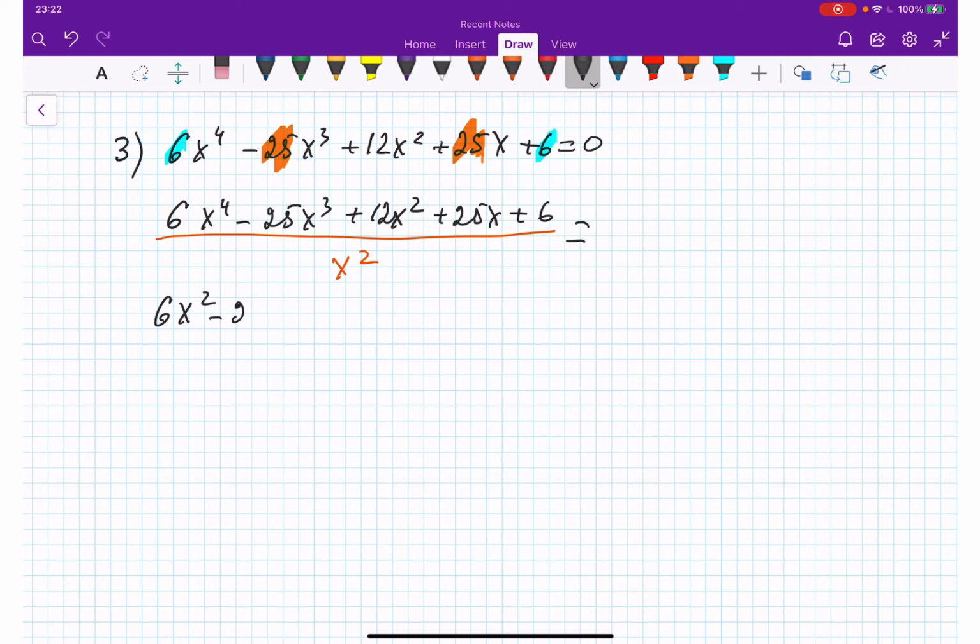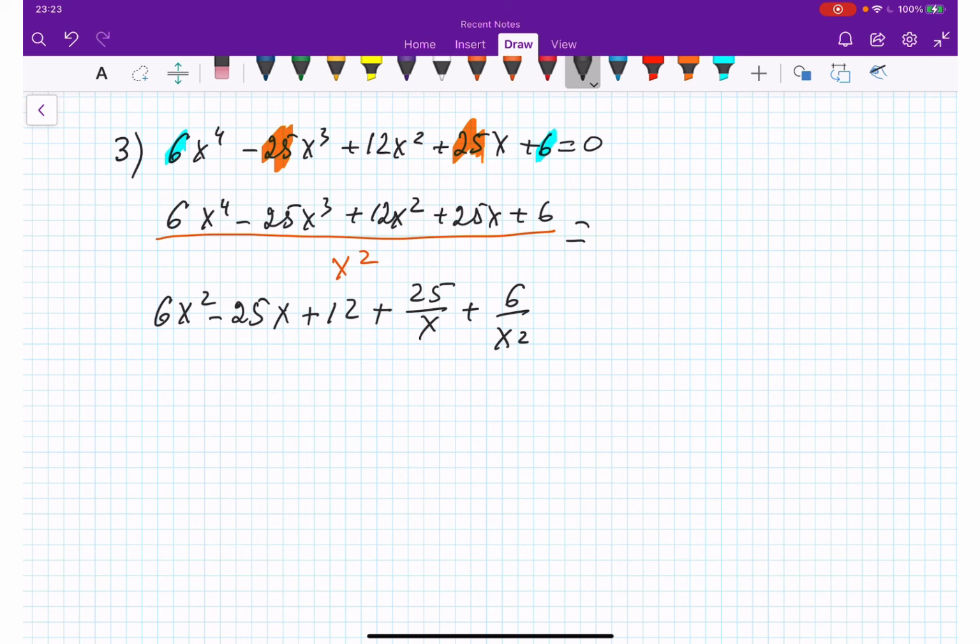Minus 25x plus 12, right? 12x squared divided by x squared will be left 12. And 25x cubed divided by x squared will be left 25x. Next, plus 25x divided by x squared, it's going to be 25 over x. And lastly, we have 6 over x squared.